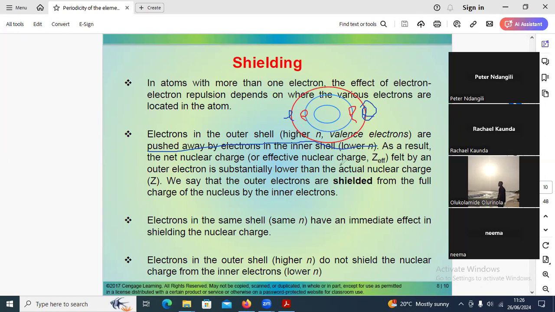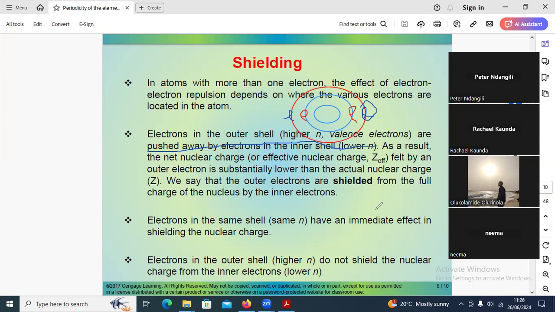And as a result, the net nuclear charge, or the effective nuclear charge, that the outer electrons are going to experience is going to be substantially lower than it would experience if there was no shielding by the inner electrons. And we say that the outer electrons are shielded from the full charge of the nucleus by the inner electrons.